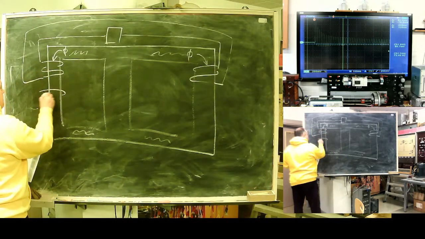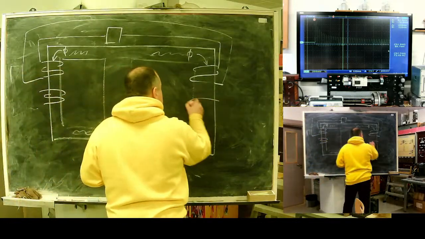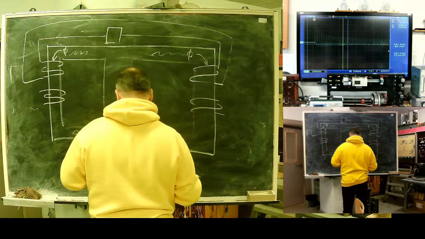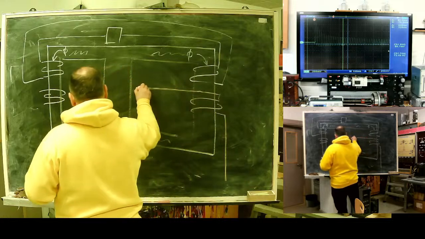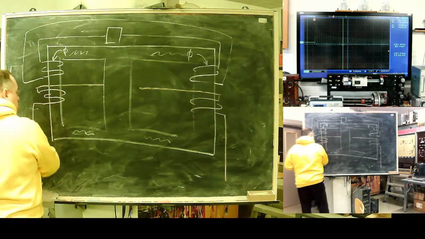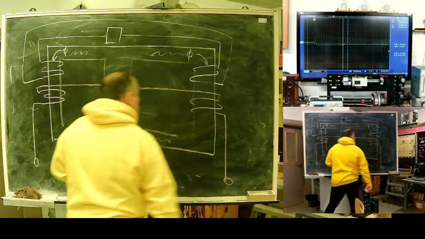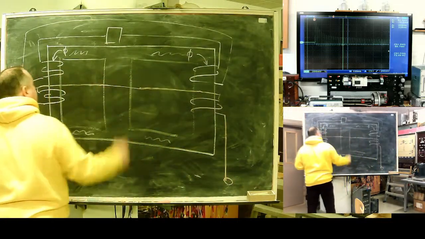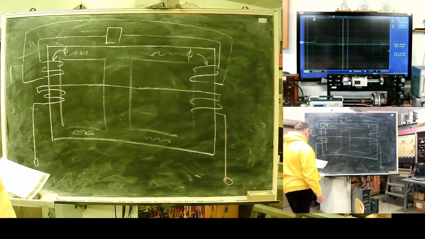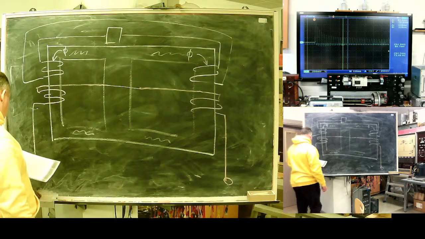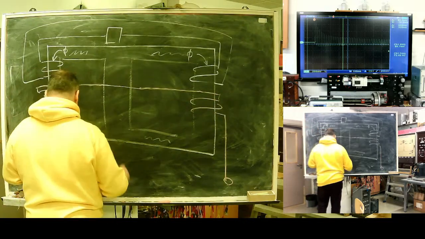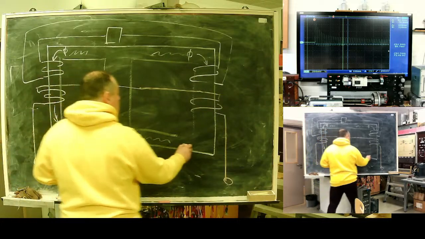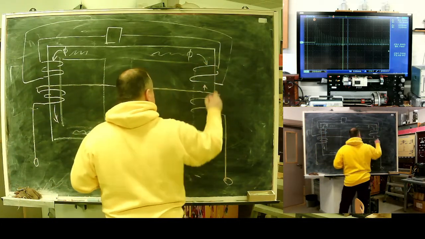It has a so-called braking winding. It produces flux going like this.